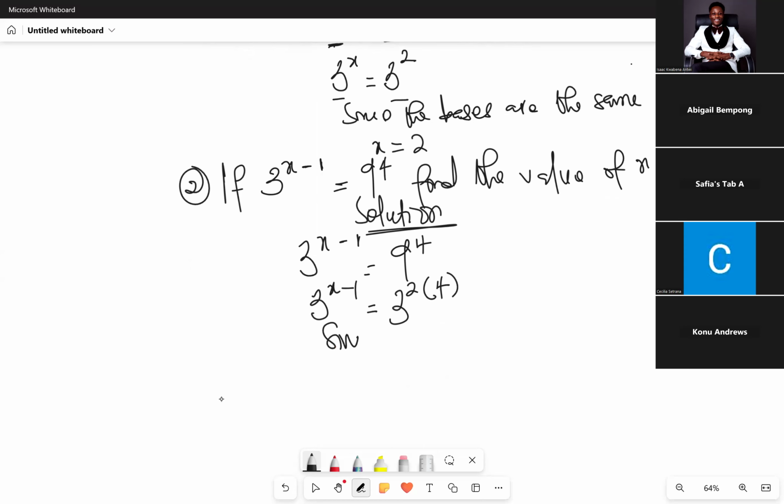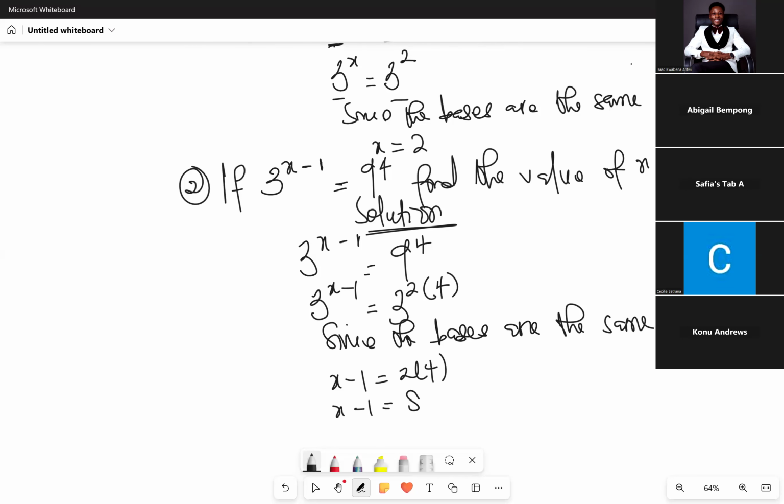Now, since the bases are the same, we have x minus 1 equals 2 times 4. So x minus 1 equals 8.